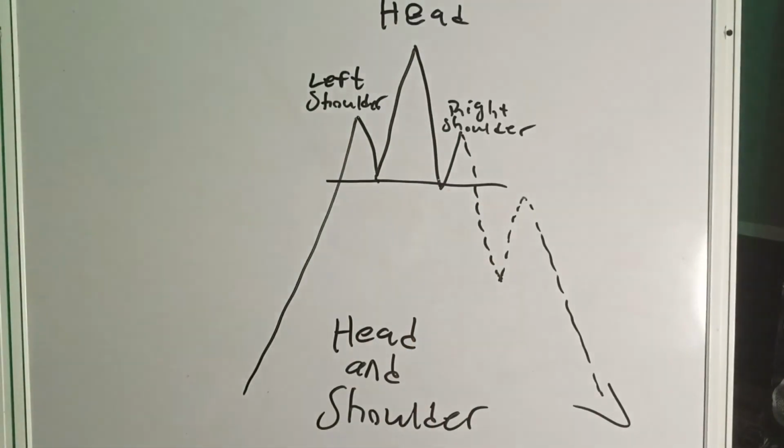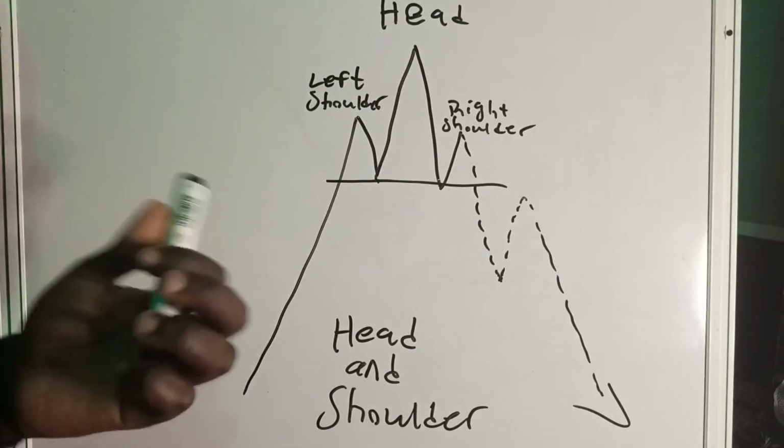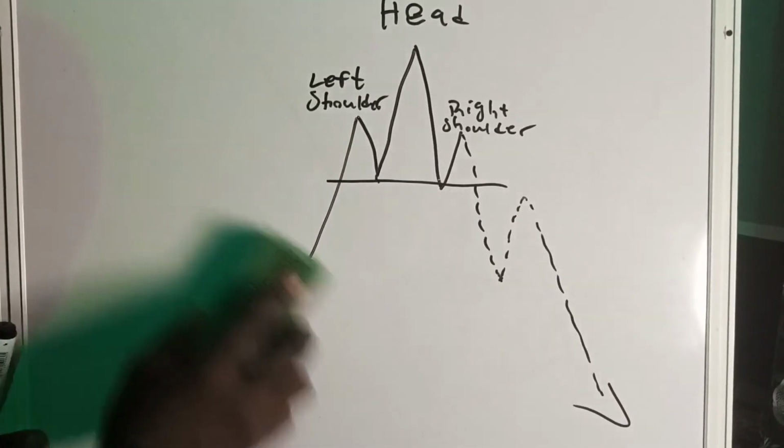The same thing goes for the opposite, which is the inverse of this, the inverted head and shoulder pattern. This is formed at a resistance. The same thing will happen. The head will form and the shoulders will form.